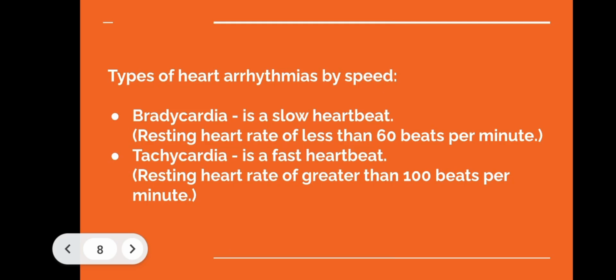And when this happens, it disrupts the heart's ability to pump blood effectively. Anything that goes fast, anything that goes slow is not good for the normal functioning of our heart.